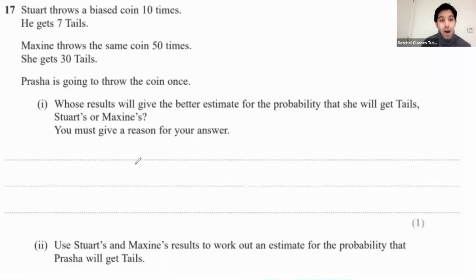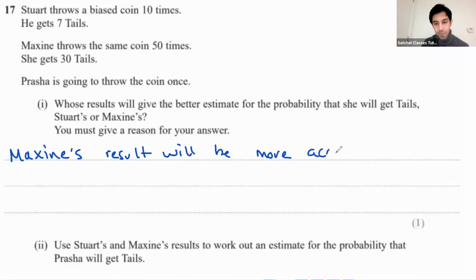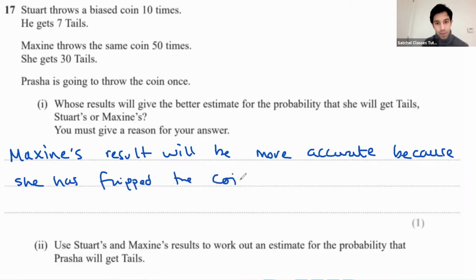So, again, we said the more you repeat an experiment, the more accurate your results will be. So we can say Maxine's results will be more accurate because she has flipped the coin more times.